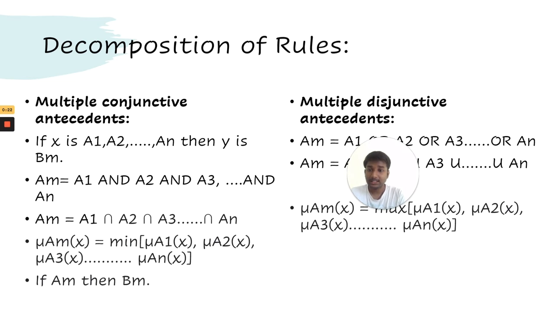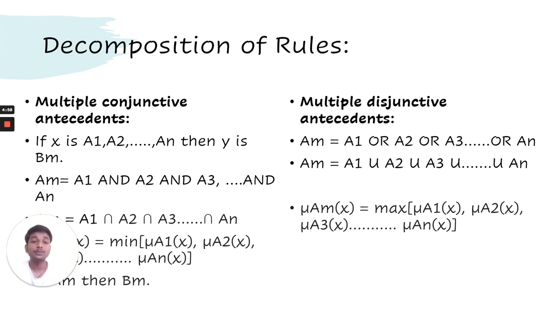And the conjunctive word comes with the sequence to be remembered: and, intersection, minimum. These are to be remembered.